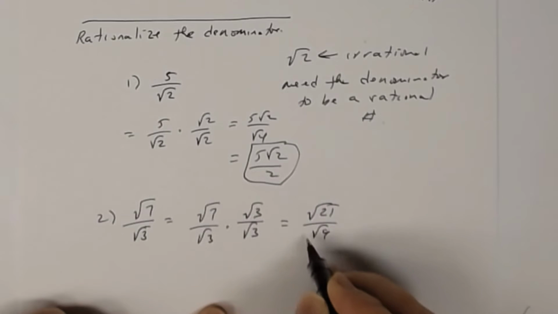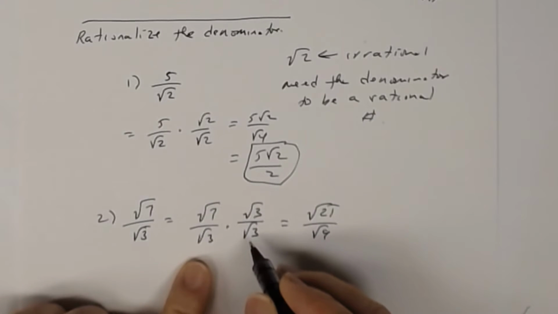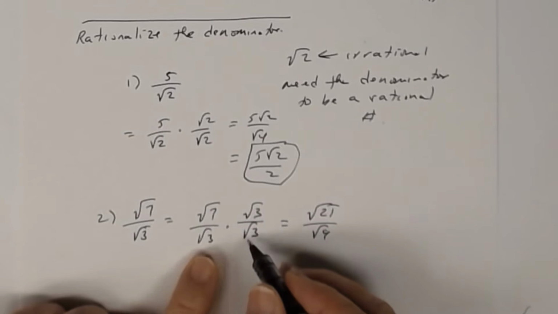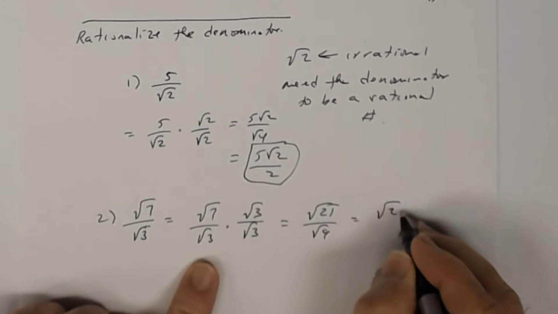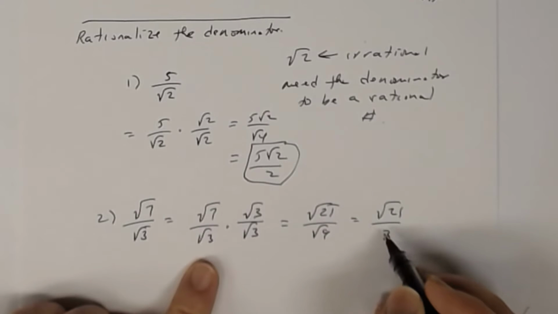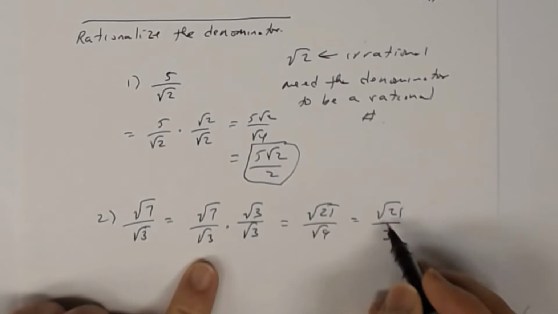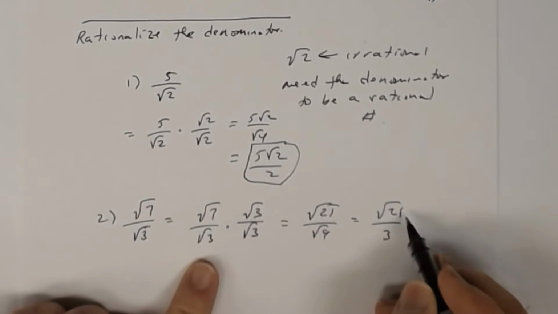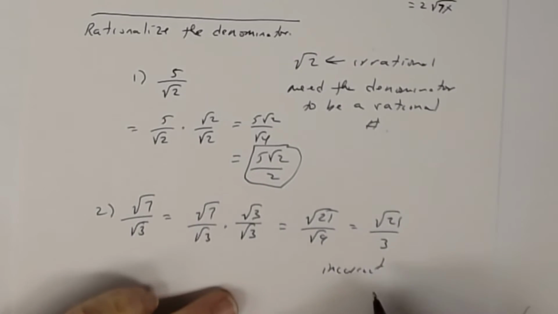Now, most students will skip this step. They know, based on your experiences in previous lessons and worksheets, that the square root of 3 times the square root of 3 is just 3. So you can just write the number 3 here. Now, be careful. Don't say 3 goes into 21 7 times, because that's not a 21. Some students will do this, but it's incorrect.